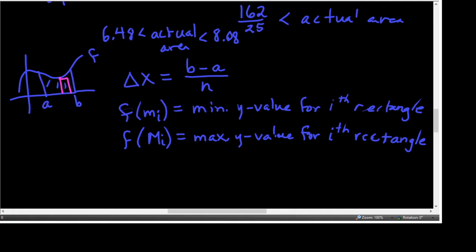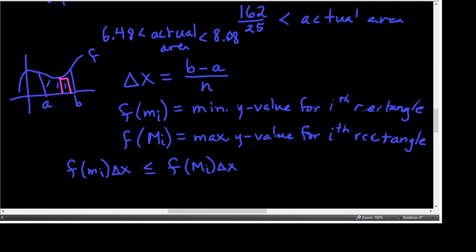So, if we were to multiply that height that we get using the minimum value possible times delta x, that would be the area of the smallest rectangle possible, and that will be less than or equal to the maximum y value you could get for that rectangle times the width of the rectangle, delta x.